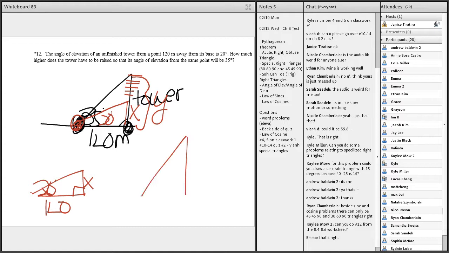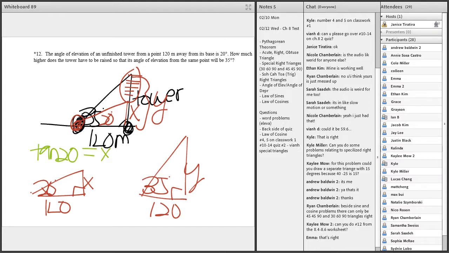Look at the bigger picture, 35, y, and 120. And then the ultimate goal is to find the leftover. So this is both tangent. So tangent 20 equals x over 120. Tangent 35 equals y over 120.